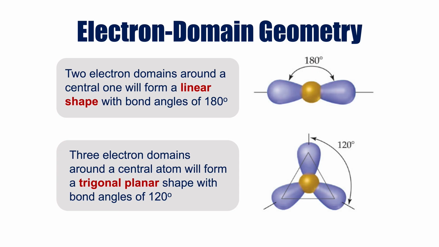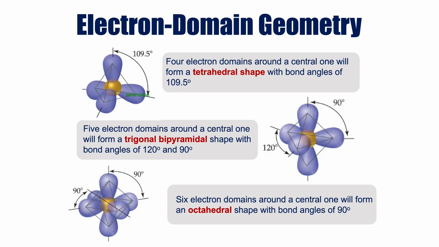If there are 2 electron domains, it's going to have a linear shape. You can see in these images, the orange sphere represents the central atom, and the purple things represent the electron domains arranged around that central atom. If there are 3 electron domains, it's going to be trigonal planar, 4 would be tetrahedral, 5 would be trigonal bipyramidal, and 6 would be octahedral.